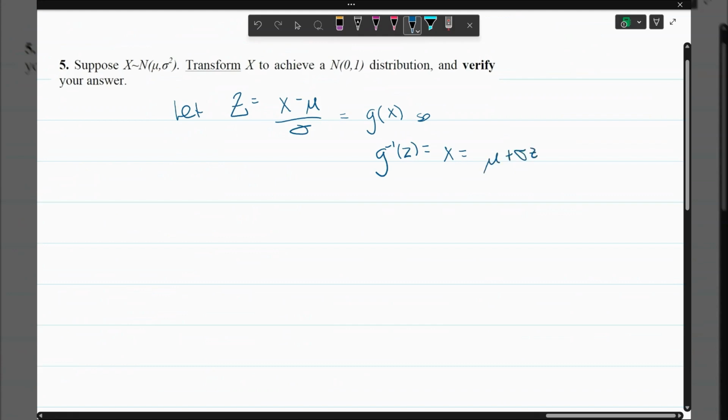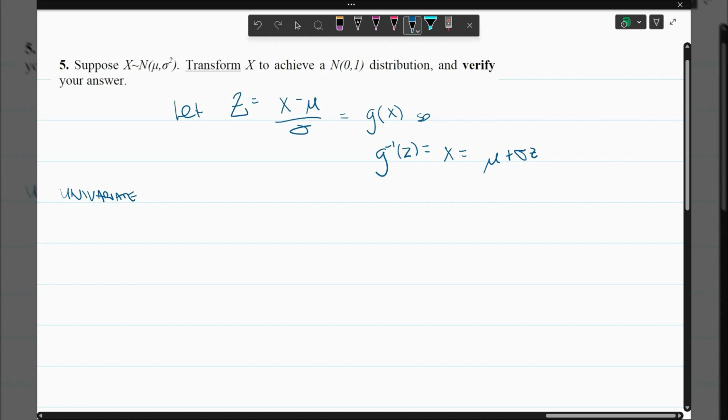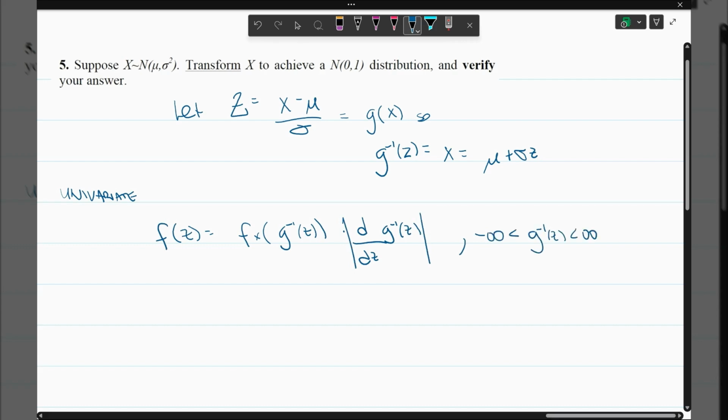All right, our univariate transformation is our f of z is going to be fx evaluated at g inverse of z times the absolute value of the derivative with respect to z of g inverse of z, and then we shift the support accordingly.